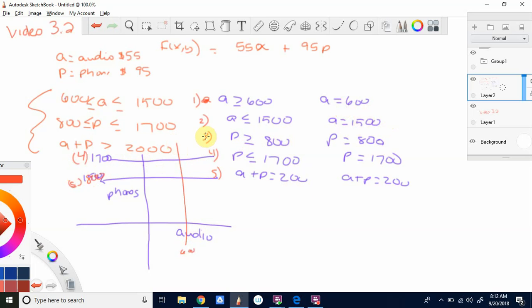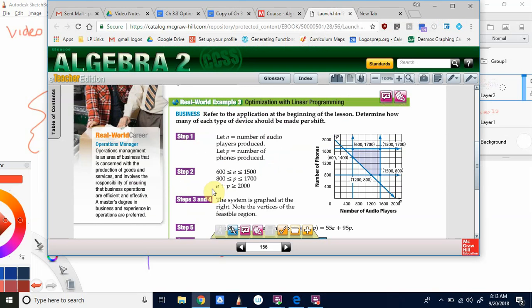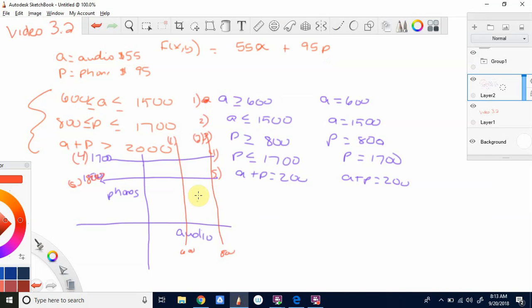So this is 600, and this is 800. This is going to be equation 1, equation 2. Apologize if my graph is overlapping. And then we're going to do this one at A plus P equals 2,000, and it's going to go through somewhere like this.